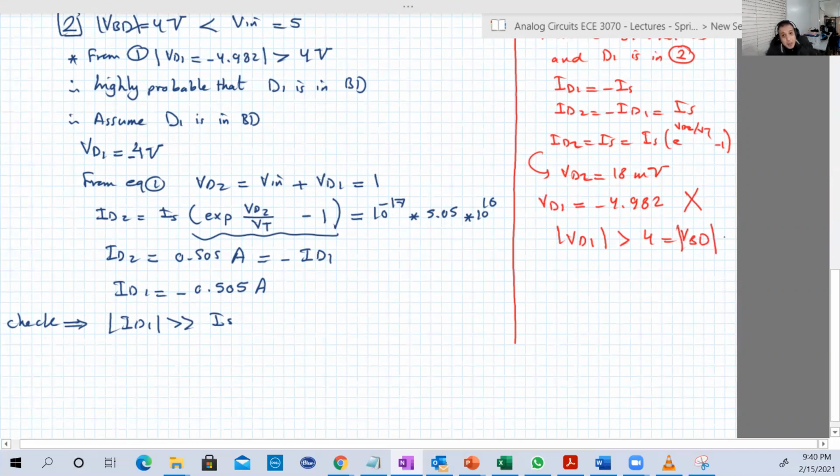And we see in our assumptions that D1 is not in breakdown. And if it's not in breakdown, that means VD should be less than 4. It's more than 4. So the assumption is not correct.